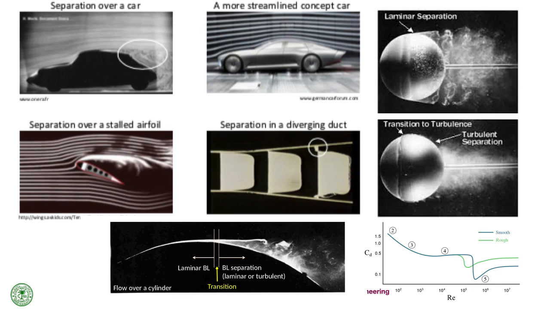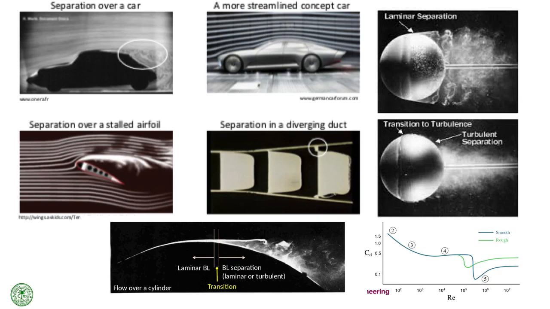There's another car which is more streamlined, and you see very little or nearly no separation. Then there is an aerofoil at an angle of attack, and you can see the boundary layer separation at the stall. This airfoil is right now at the stall, so the separation will be at the leading edge, which is the start over here.